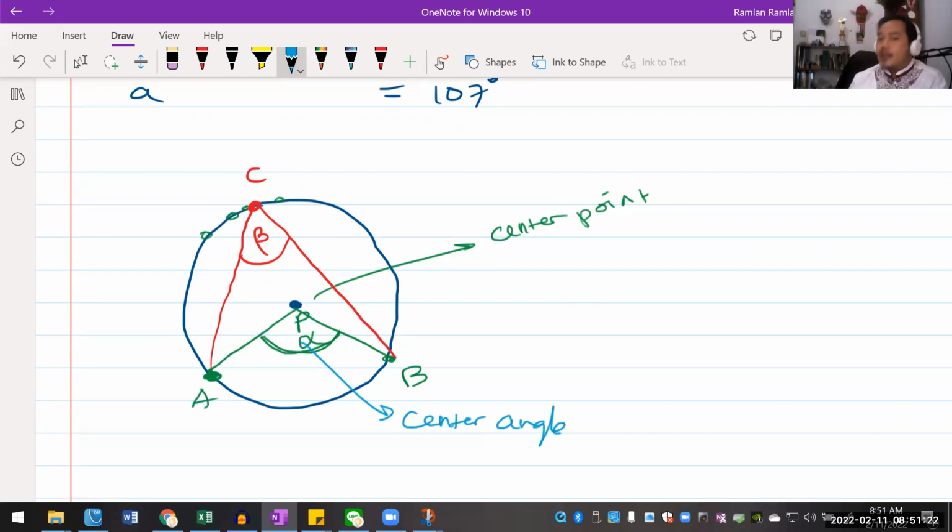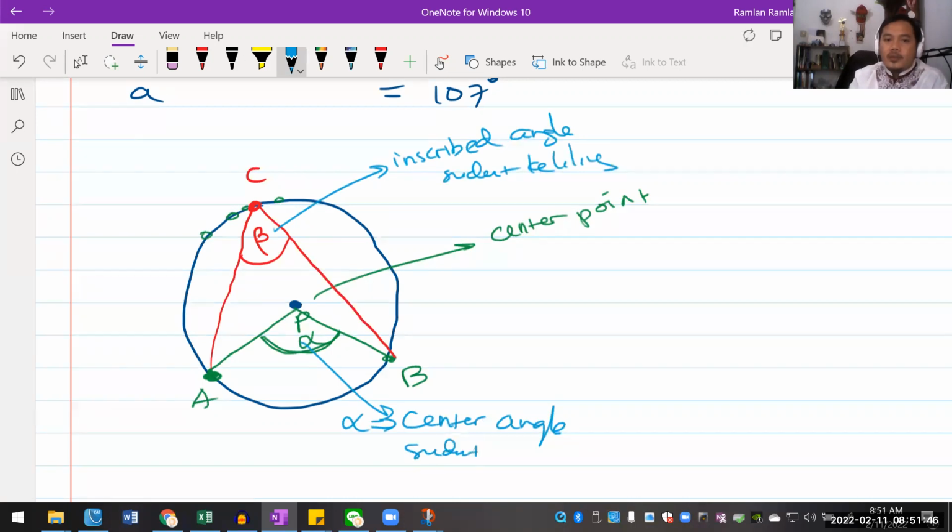And then the beta here, we call the inscribed angle. Bahasa Indonesianya itu sudut keliling ya guys. Ini sudut pusat, sudut pusat. Kenapa disebutnya sudut keliling? Karena kalau kita ngitung keliling kan kita ngitung luarnya doang, nah makanya disebut sudut keliling karena titiknya ada di keliling.